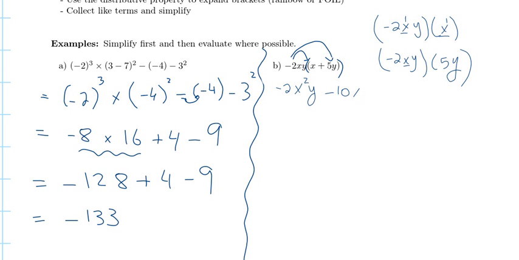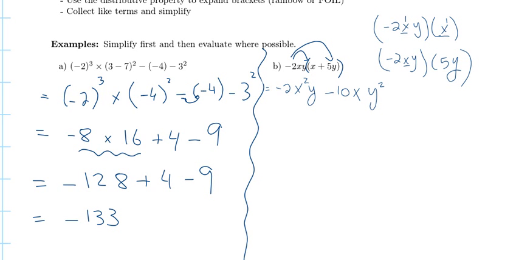And I have y times y, which is y squared. Okay? Now I can look at both terms. So I have term 1 and term 2.